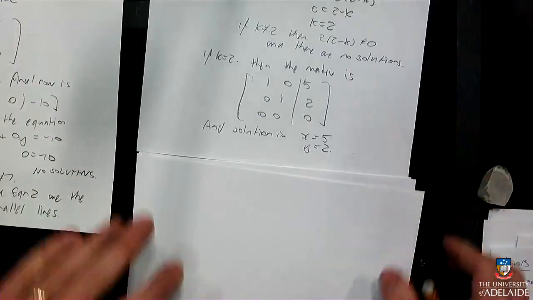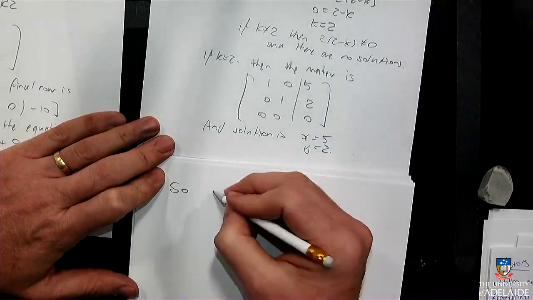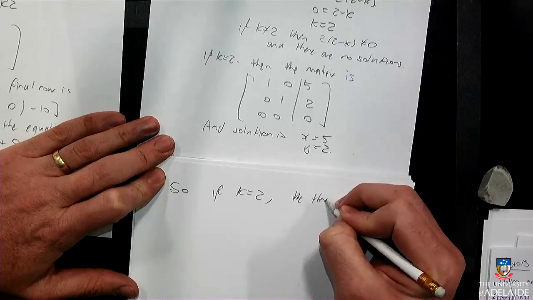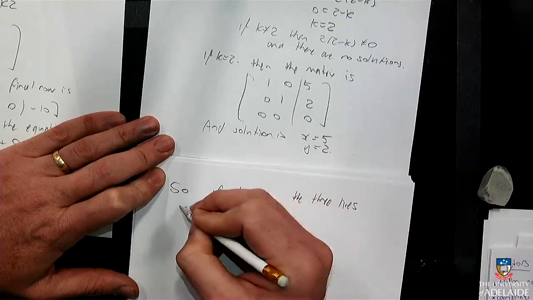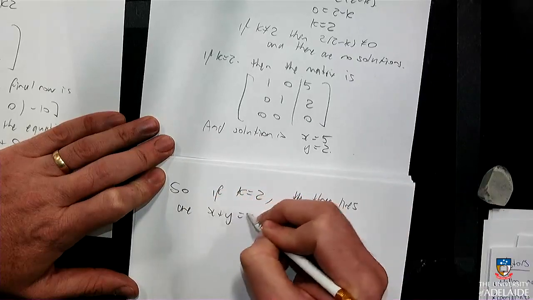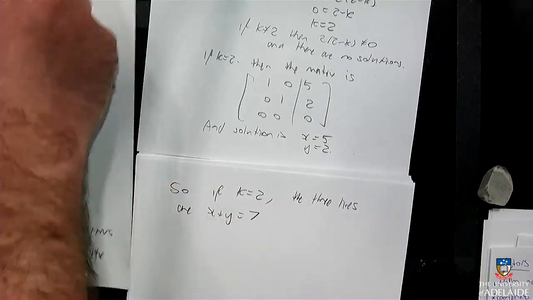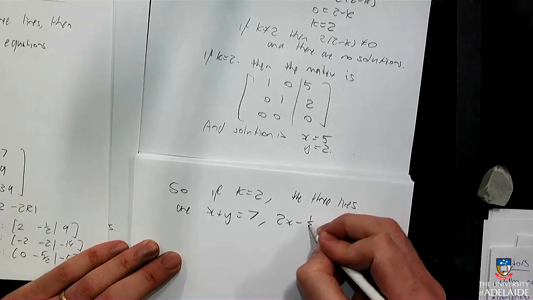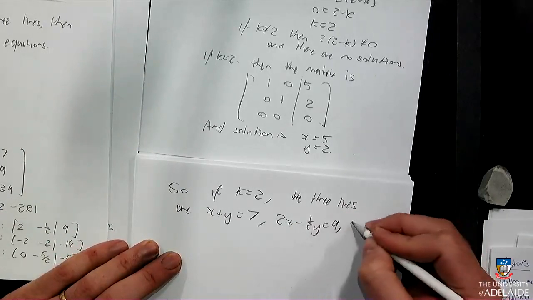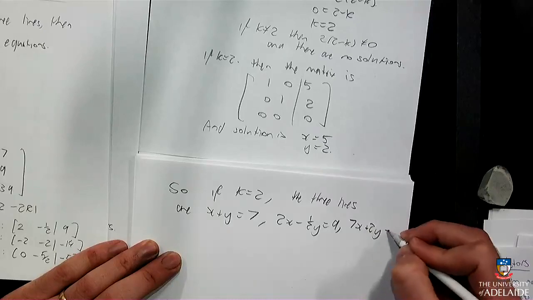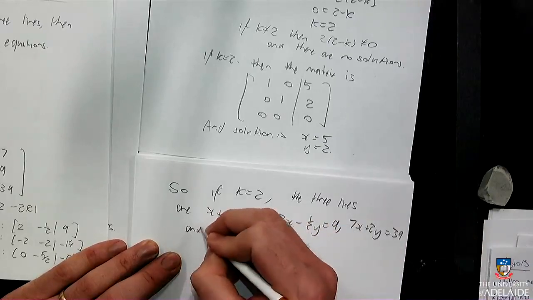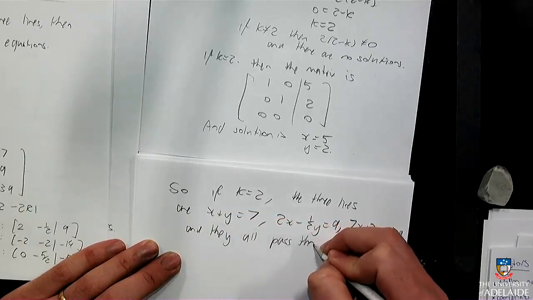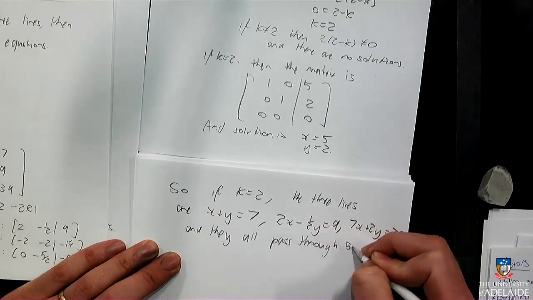So it turns out, if k equals 2, the three lines are x plus y equals 7, 2x minus a half of y equals 9, and 7x plus 2y equals 39, and they all pass through 5, 2.